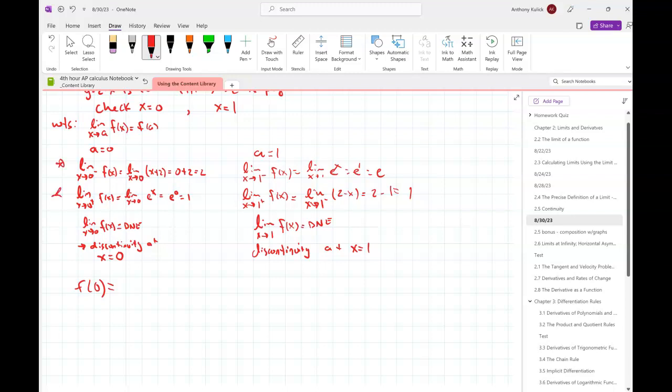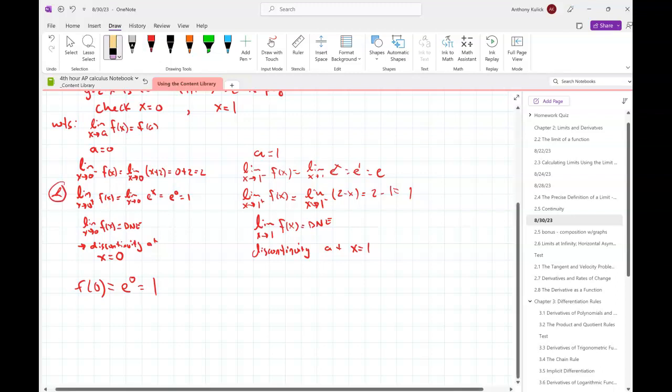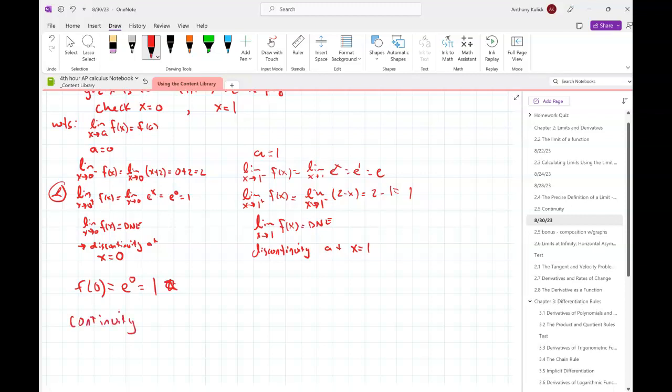And if it equals the right-hand limit, I have continuity from the right. If it equals neither, then it has neither, right? So to do f of 0, the directions say to do e to the x. So that's 1. So that matches here, right? So that is continuity from the left.